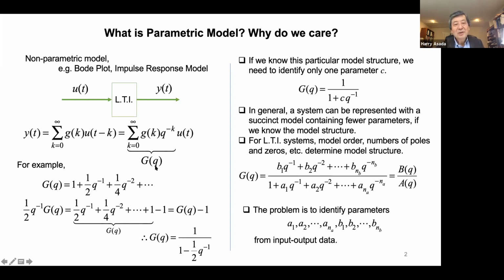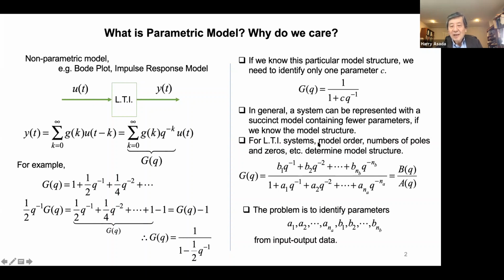As opposed to non-parametric ones, where the number of parameters involved is infinite, so we call that non-parametric. There's no structure. It's very general, but there's no structure in it. But if we have some prior information as to what the system looks like, then we can focus on the estimation of only these parameters.